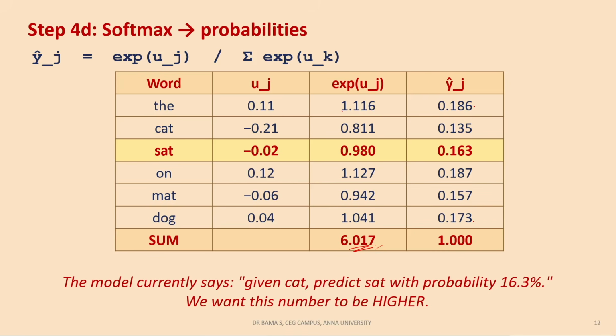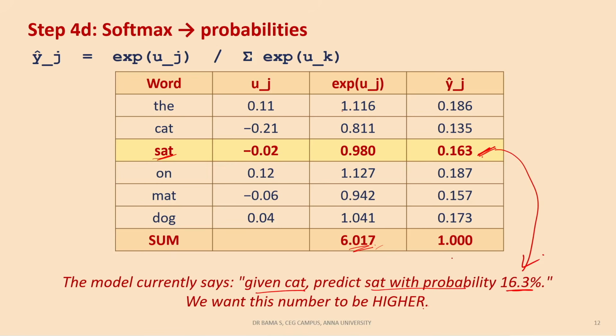At the softmax output, if you take only SAT, why are we taking SAT? Because our domain of interest is: given CAT, what is the probability that SAT is predicted. So if we take this SAT value, we get the softmax probability as 0.163. The meaning is, given CAT, SAT is predicted with a probability of 16.3%, but we want this number to be higher.